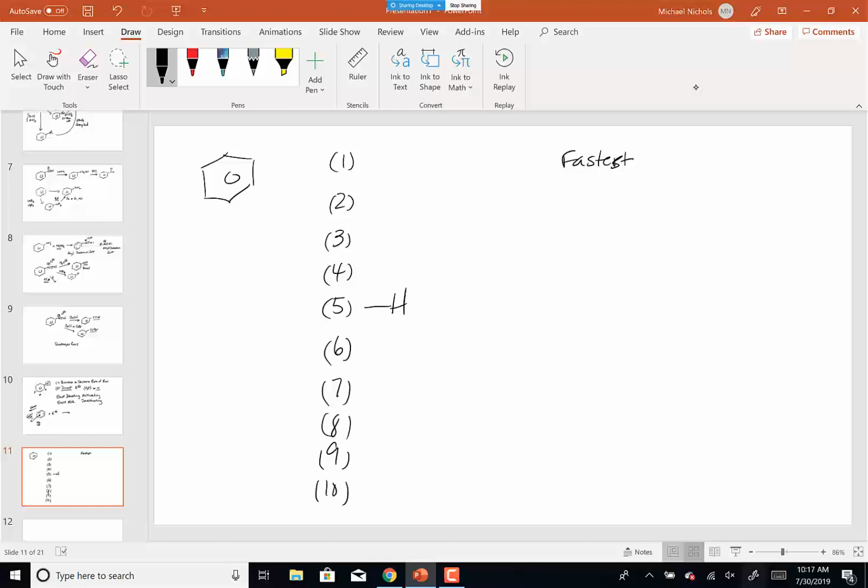We need to go from 1 to 10. The groups that cause the benzene ring to react fastest in order down to the group that would cause it to react the slowest.